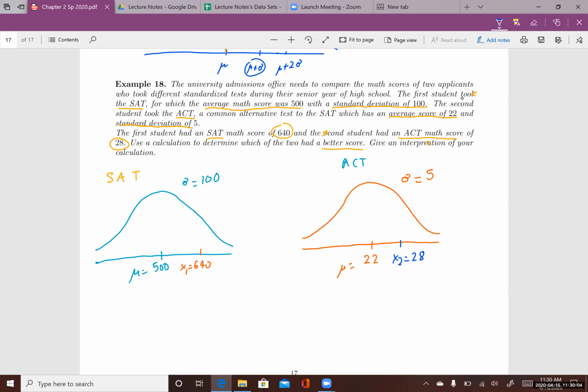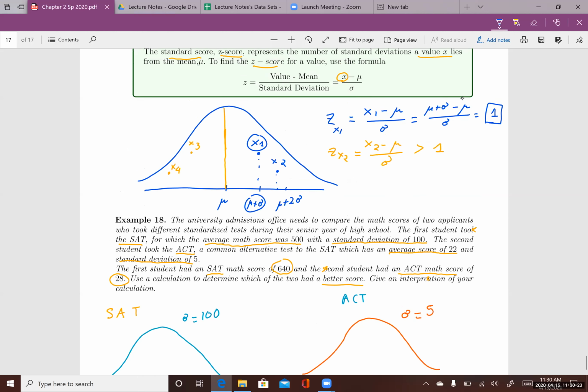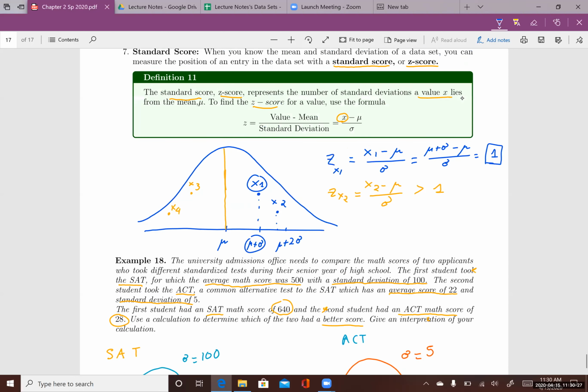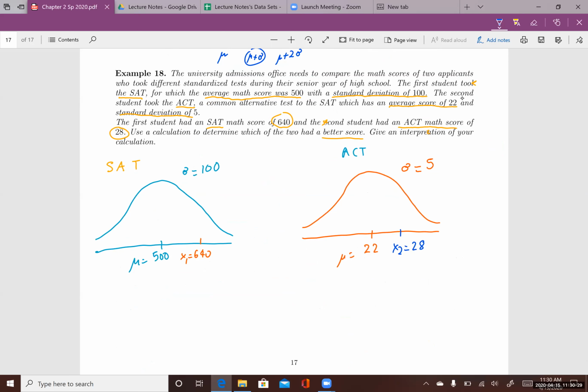The further away from the mean, the better the score is, right? And how can we determine the positions of each of these values in this data set? That is when we're going to use the standard score, the z-score, which tells you how many standard deviations away from the mean this value is.